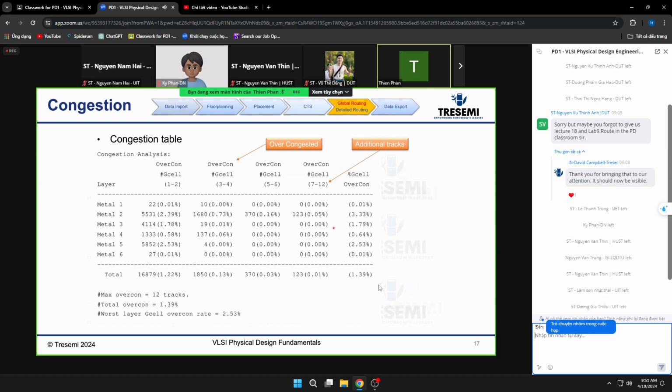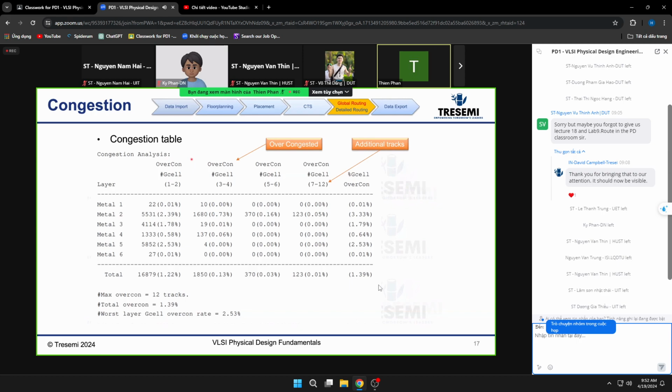Every tool has a different report, but usually it's broken down by layer. So you look at the first column here. For this report, we see 6 layers, and for every single layer, we break it down in terms of how bad the congestion is.